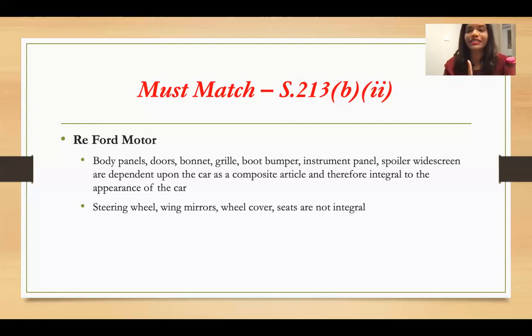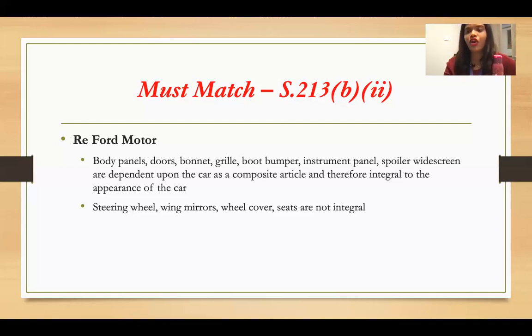Must fit, always remember interference is very important. If the interference is not there, then automatically you cannot use the product. Then we talk about must match. Must match is where you talk about the saleability of the product, or where, if I don't have the car door, the appearance of the product will look different.